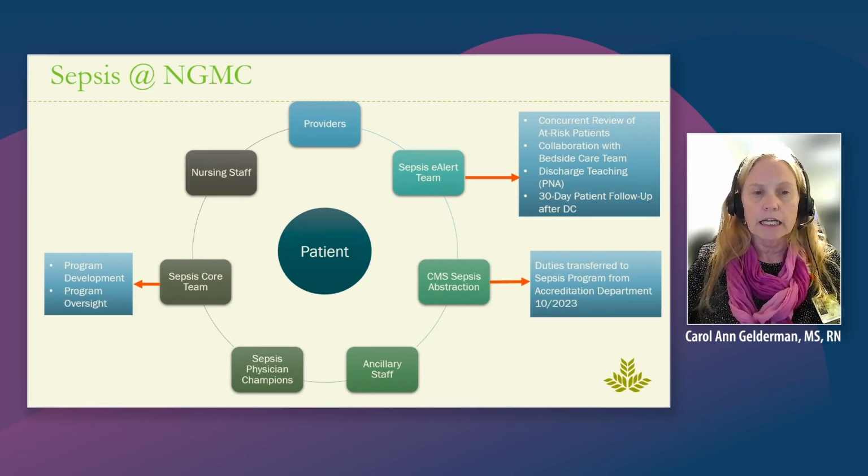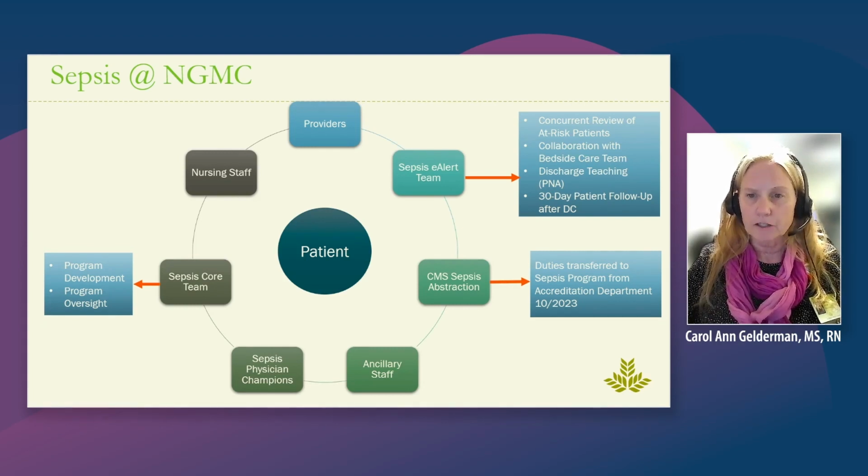It is interdisciplinary, we meet, and we do a lot of the reporting and tracking through this entity, but the biggest thing we do is program development. Our CMS abstraction is new to our sepsis department just in the last month. This was owned by accreditation and quality in our organization, but they were not set up to do the improvement work, and we aligned them in October so that we could use our sepsis department and our sepsis team to align that improvement work.